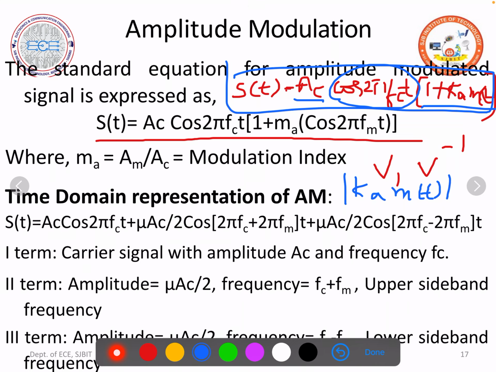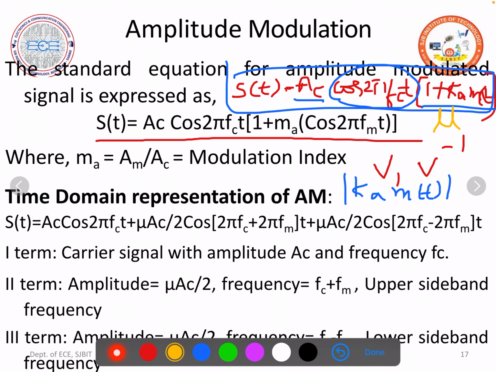We also denote this by the term mu. What is mu? Modulation index. When Ka into m of t is very much less than 1 for different values of t, 1 plus Ka into m of t will always be a non-negative value, that is, always greater than 0.